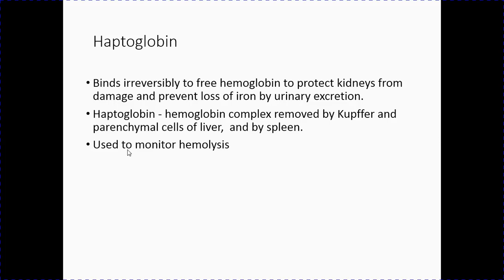It requires a significant number of nutrients and things that are ingested or manufactured, and so it doesn't like to give it up by peeing it out through the urinary system. So once the hemoglobin is bound to the haptoglobin, the complex, instead of being peed out, gets removed and filtered by the Kupffer and parenchymal cells of the liver and by the spleen, and it gets reused.